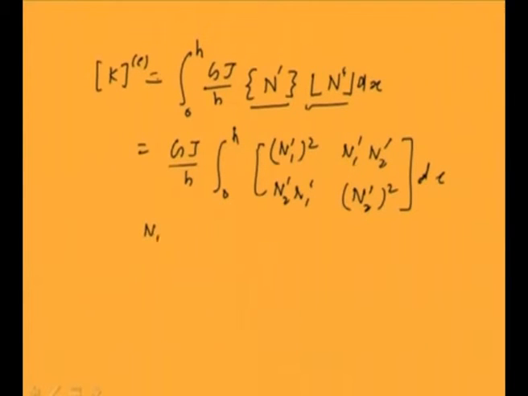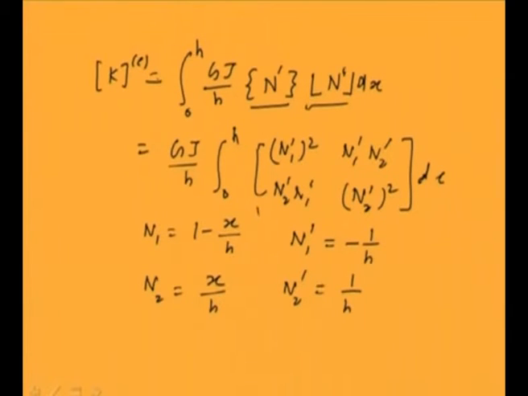We have N1 as 1 minus x by h, so N1 prime will be minus 1 by h. Similarly, N2 is x by h, so N2 prime will be 1 by h. So you can see that this particular matrix is a constant.